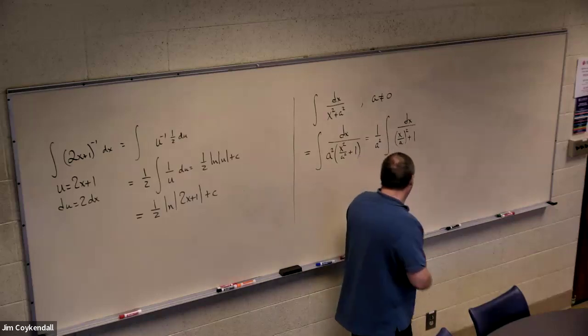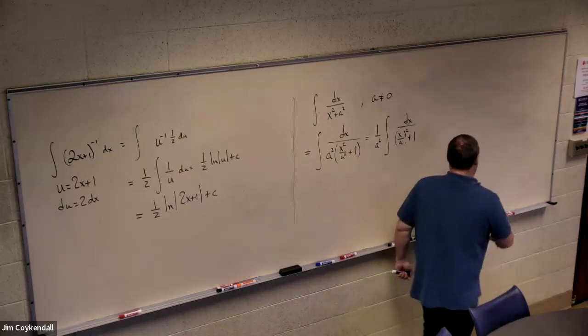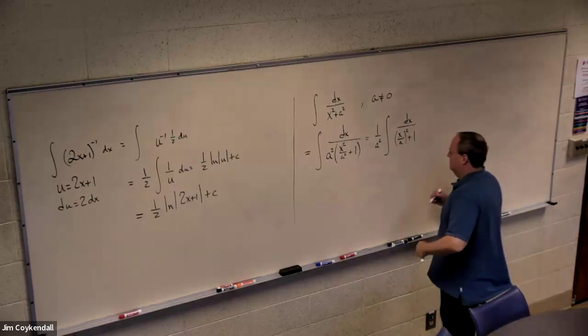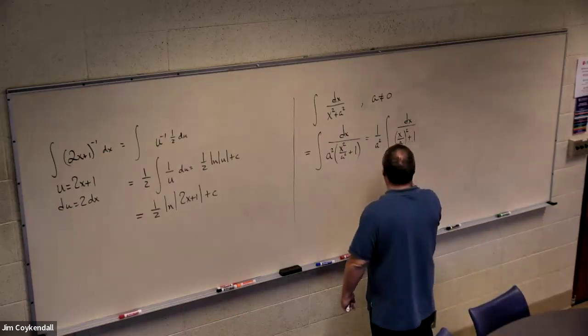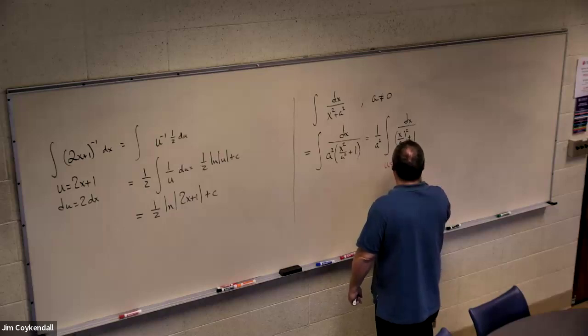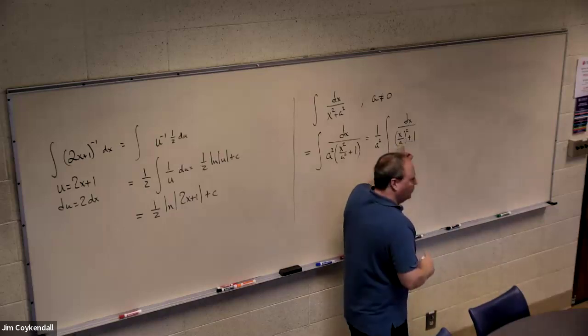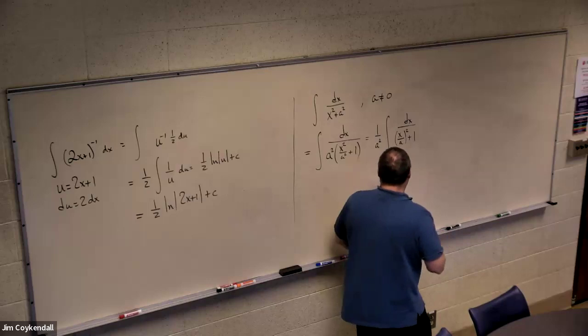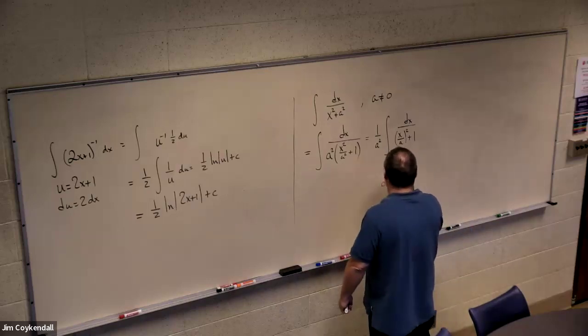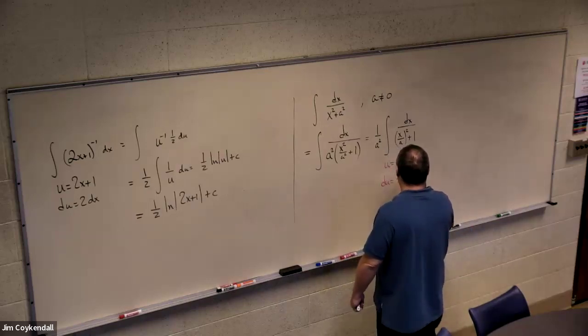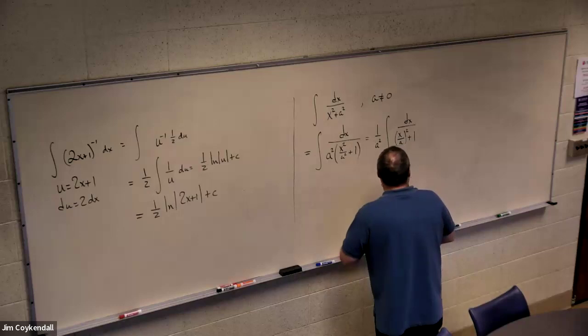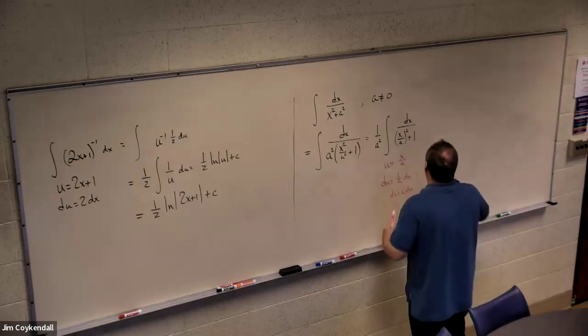Anybody think the u substitution might fix this? Fantastic. Right? I just want this to be just the variable. So try it. Let u be x over a. Okay, let's see what that finds.